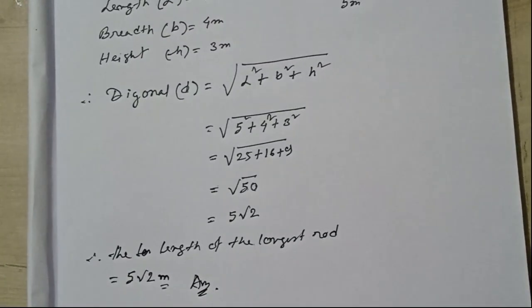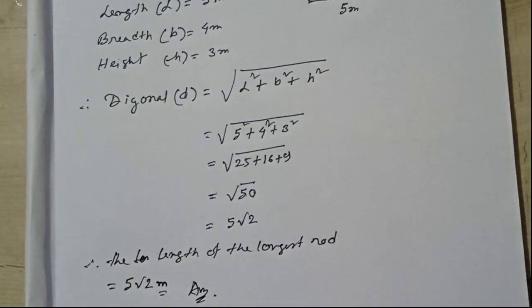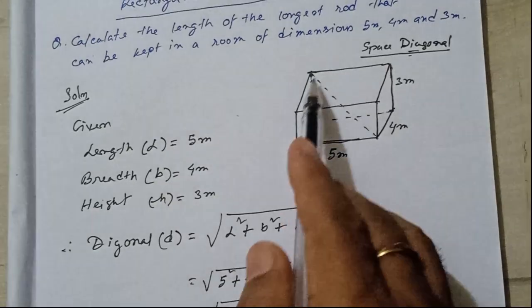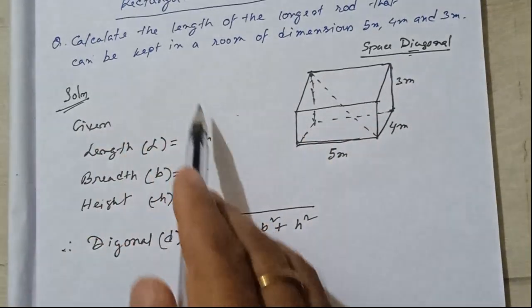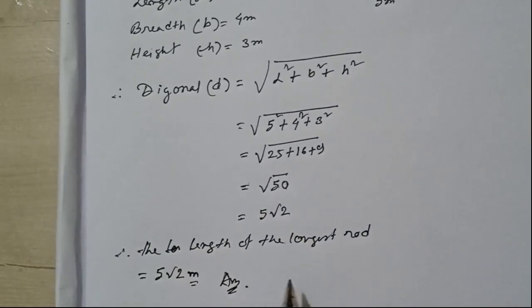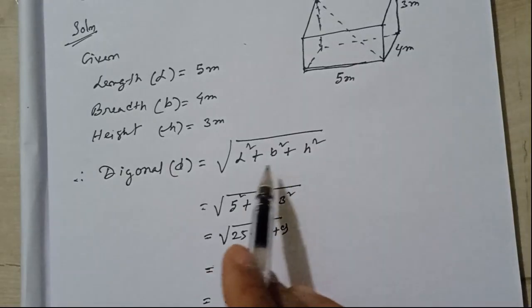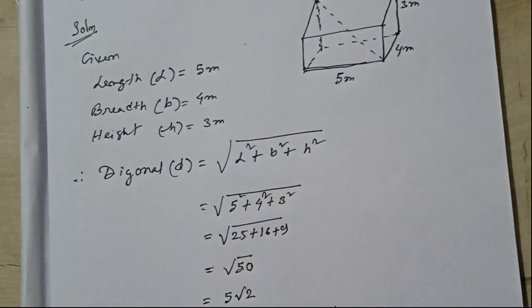So if it is a 2 marks question, then the solution that you write will not involve this diagram and all, only the solution part. Okay, up to this, nothing else. So you can just input the formula, and you can get the value like this.